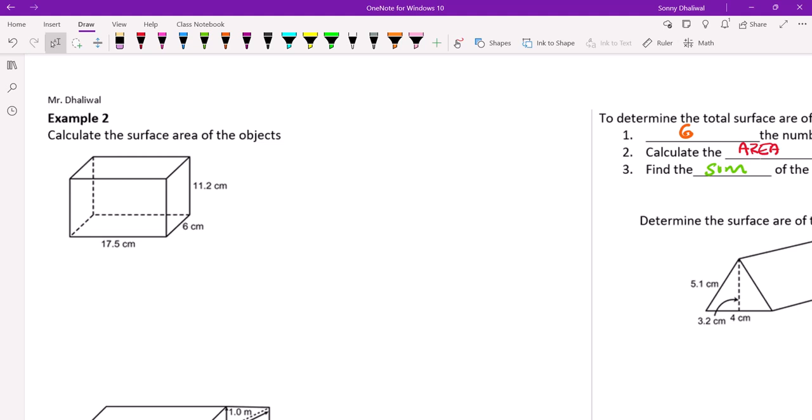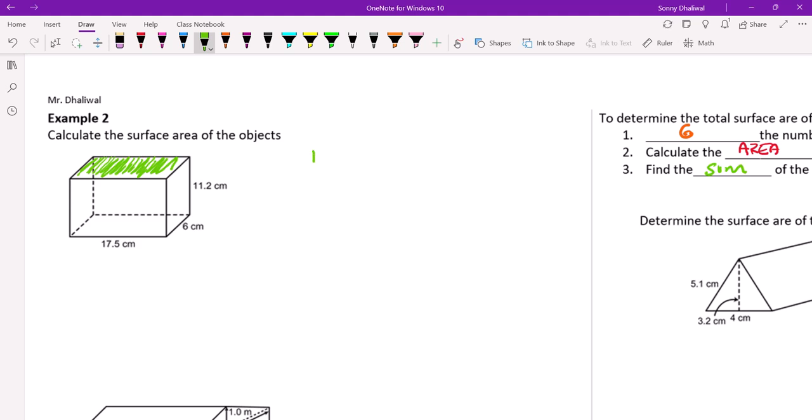Let's start off with the top. And here's my suggestion to you: shade it in. It helps. So here's my top. I'm going to shade this in. Okay? Then I'm going to draw it out.